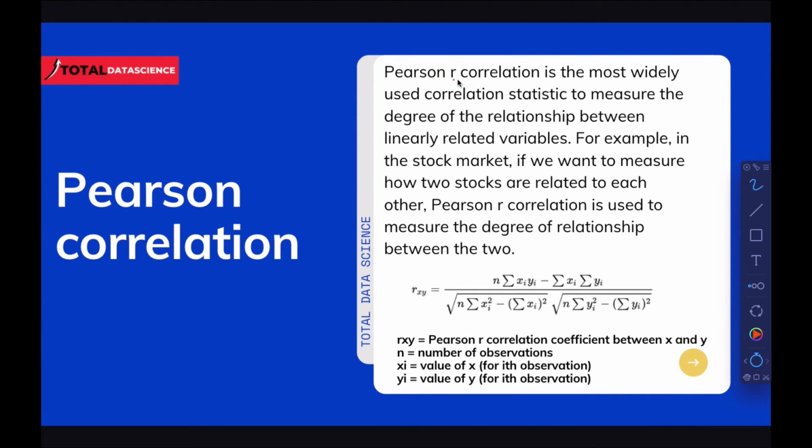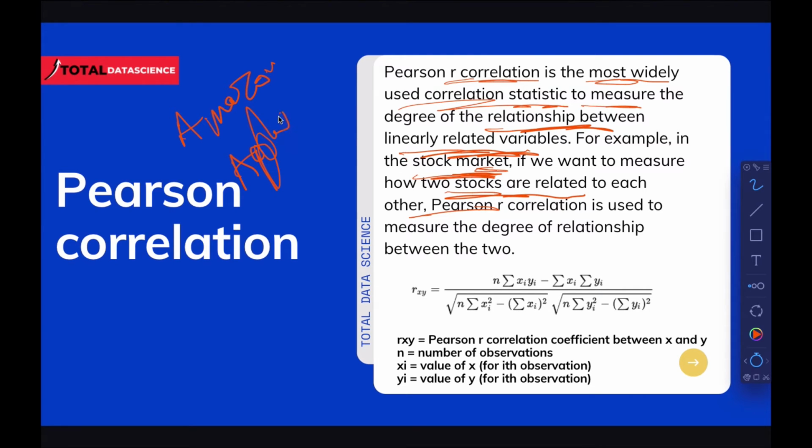As I said, Pearson correlation is the most widely used correlation statistic that we use to measure the relationship between variables. For instance, with stock market prices, we normally measure how two stocks are related to each other, say the stock prices of Amazon and Apple.